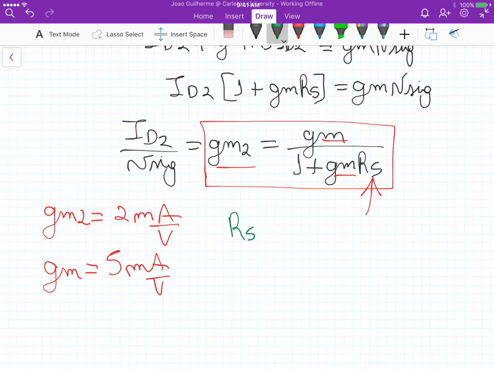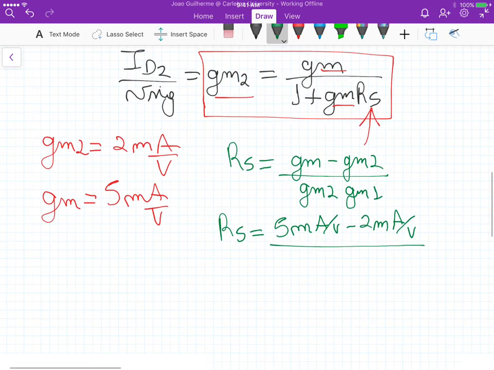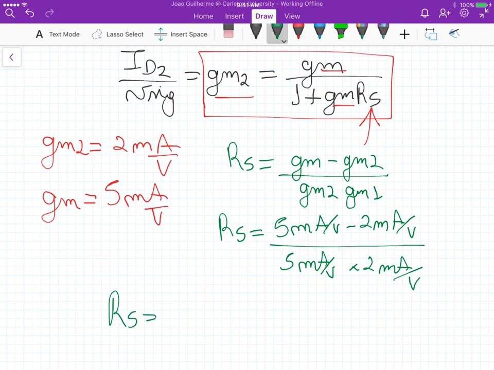If we isolate RS in that equation, we get RS equals (gm minus gm2) divided by (gm2 times gm). So RS is equal to (5 milliamperes per volt minus 2 milliamperes per volt) divided by (5 milliamperes per volt times 2 milliamperes per volt), which gives us an RS equal to 300 ohms.